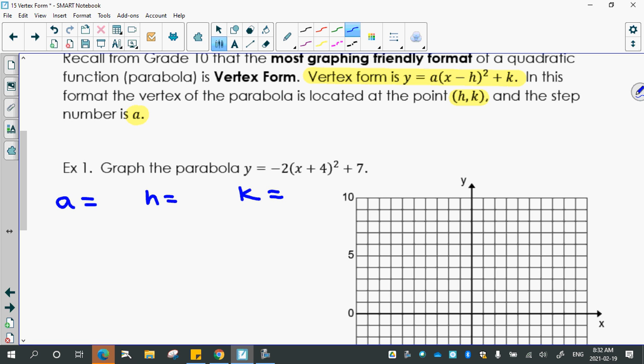What would the K be? Anyone think they know the A? Yeah. H? -4. Very good.